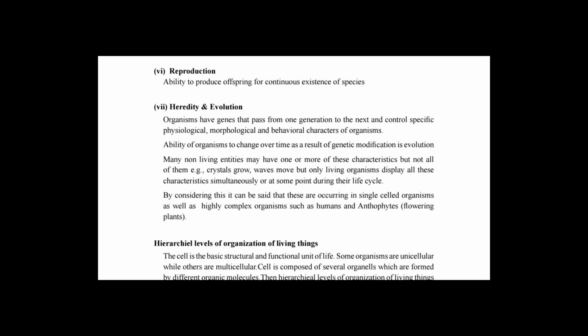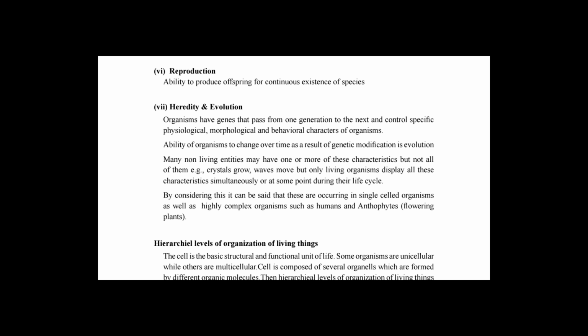So the next thing is heredity and evolution, okay. That is the last characteristic of living organisms, heredity and evolution. Organisms have genes that pass from one generation to the next and control specific physiological, morphological and behavioral characteristics of organisms. So genes are the basic unit by which genetic information is passed from parent to offspring.